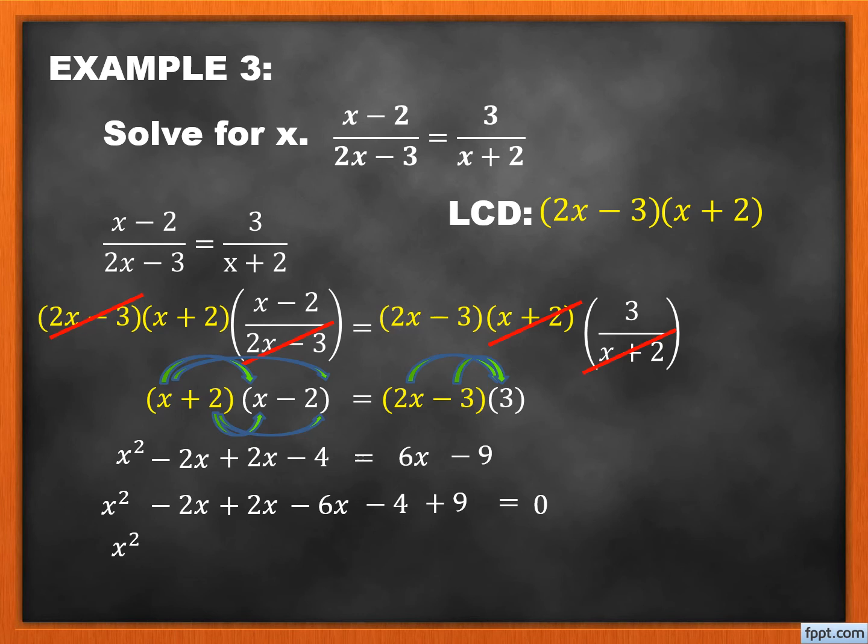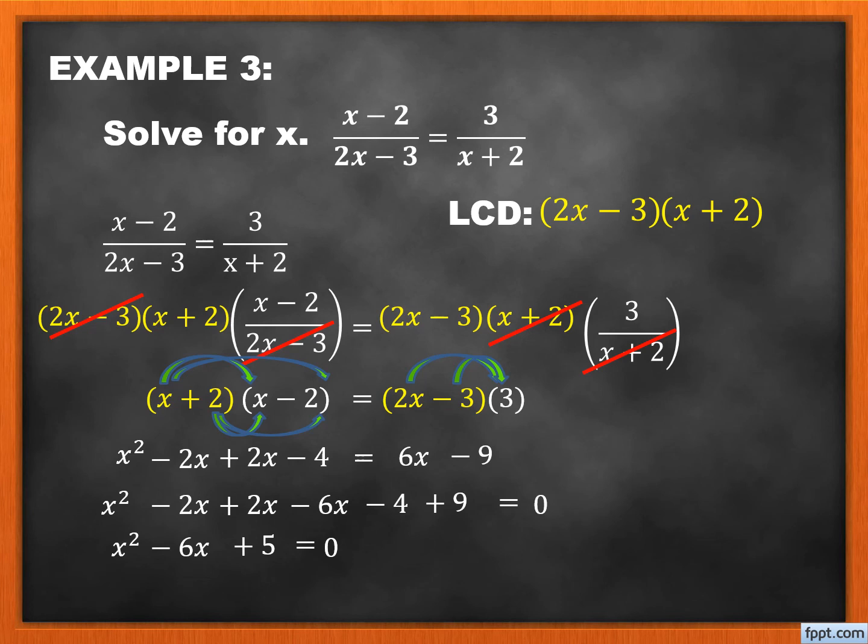Negative 2x plus 2x is 0. Minus 6x is negative 6x. Then, we combine the constants, which are negative 4 and positive 9. Negative 4 plus 9 is positive 5 equals 0.